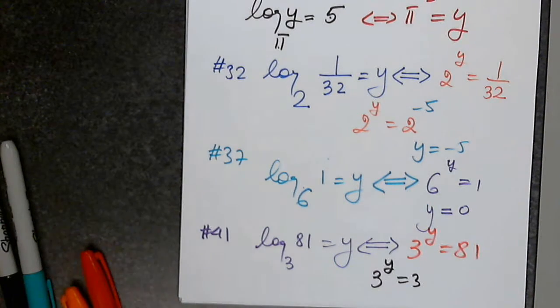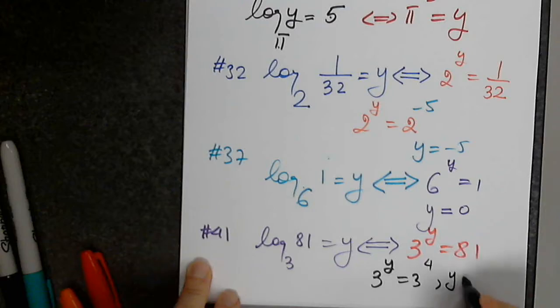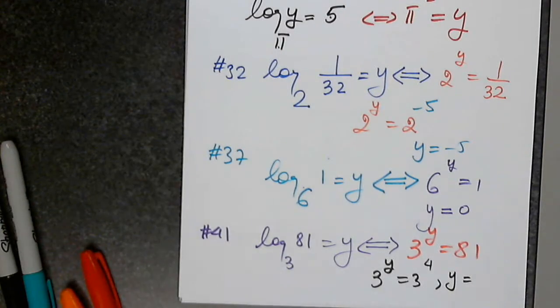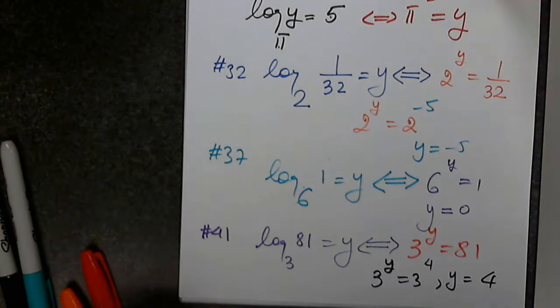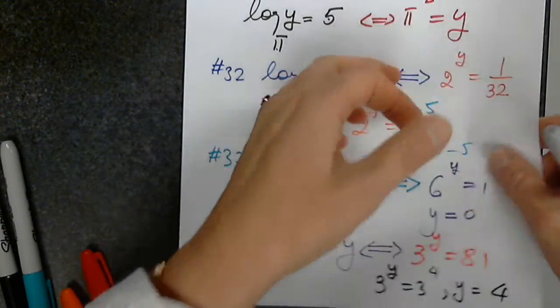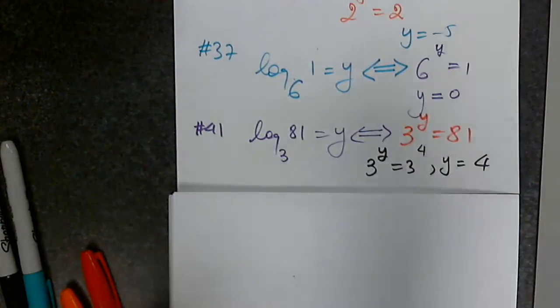There are 2 9s, right? Each 9 has 2 3s. 4. Therefore, y must be 4. Did we get the idea?